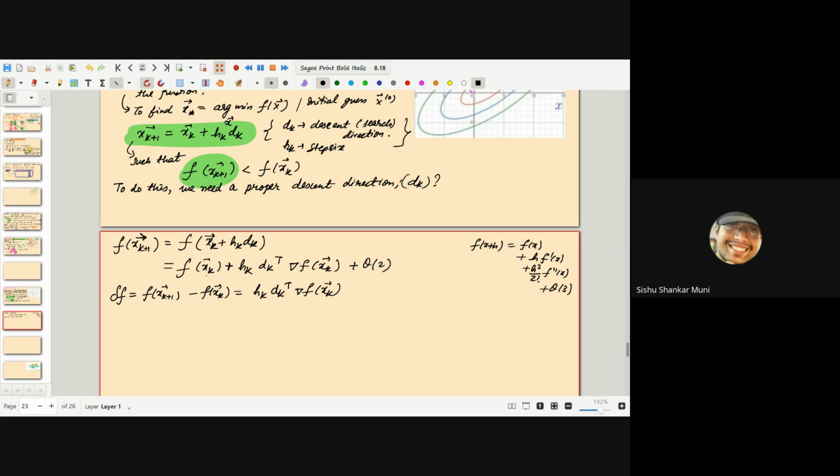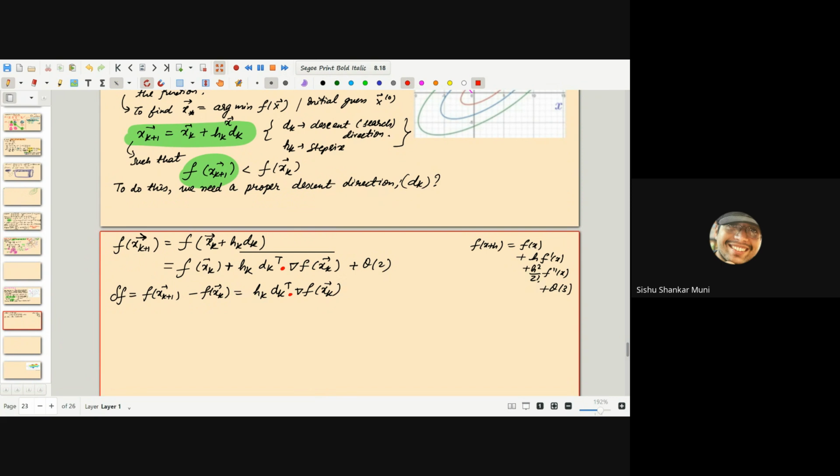So that means this part has to be a scalar. If you need two vectors to give a scalar, the only operation that can help you is a dot product. Is it clear? Okay, good.